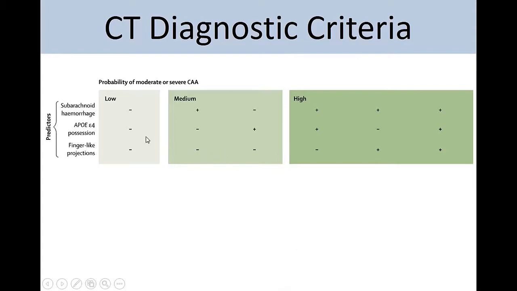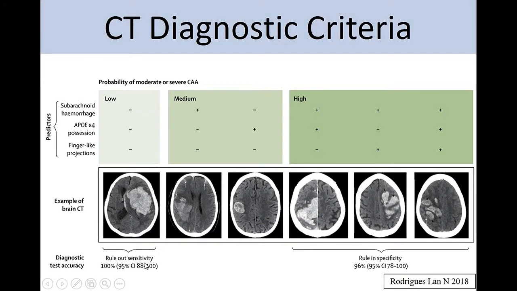So if nothing is there, then you can rule out CAA with a very high sensitivity. If you have two or more, such as, this is what they mean by the finger-like projections, that you have that kind of appearance on these two. So finger-like projections here is positive, and you have here subarachnoid hemorrhage.